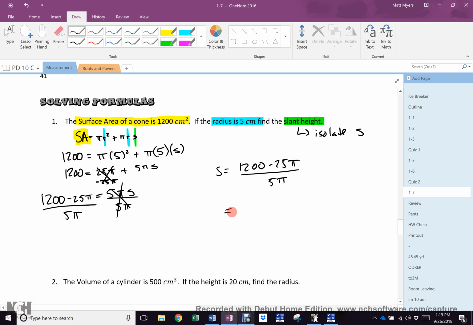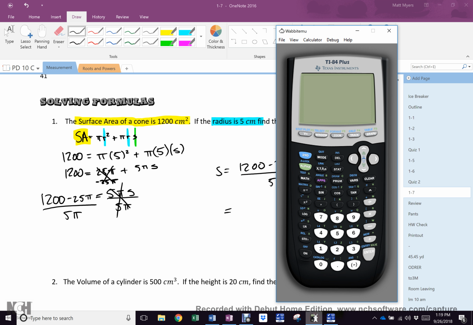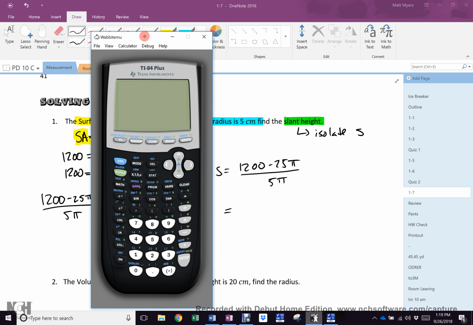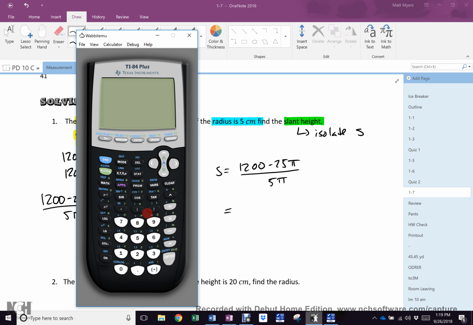Now, if you actually need a value, of course, you go to your calculator and you punch in, remembering you need brackets on the top. Bracket 1,200 minus, missed the 0, minus 25. Now, I just need to hit pi.